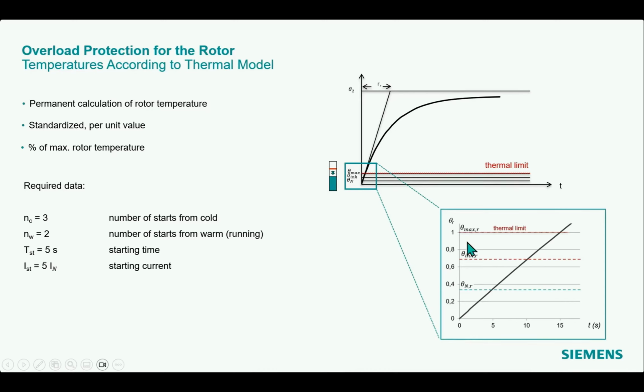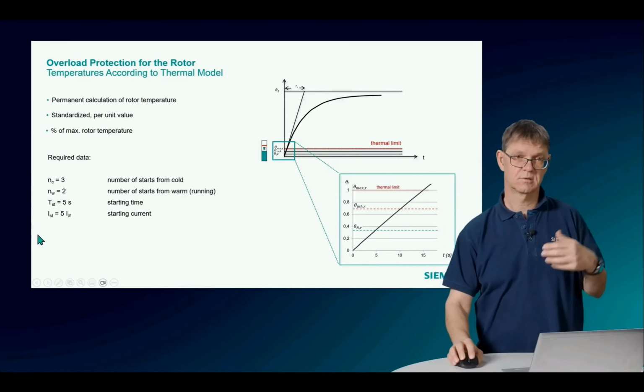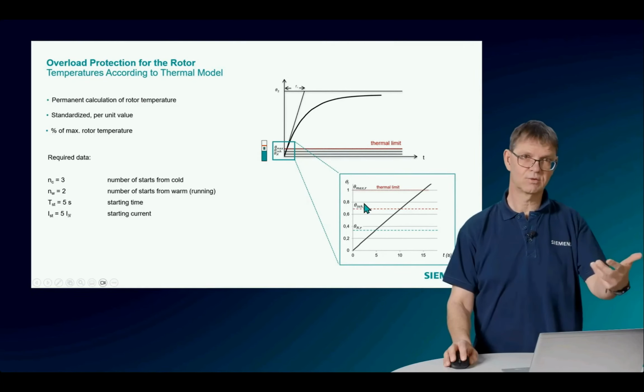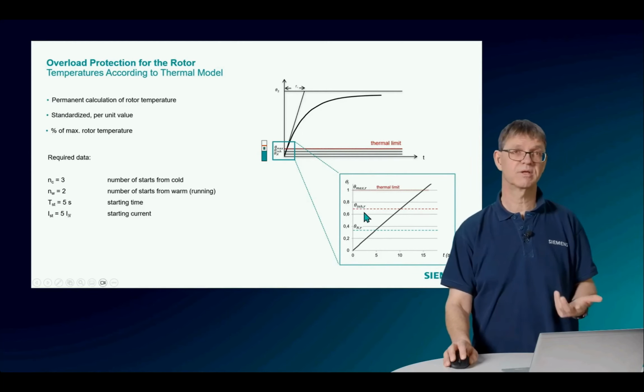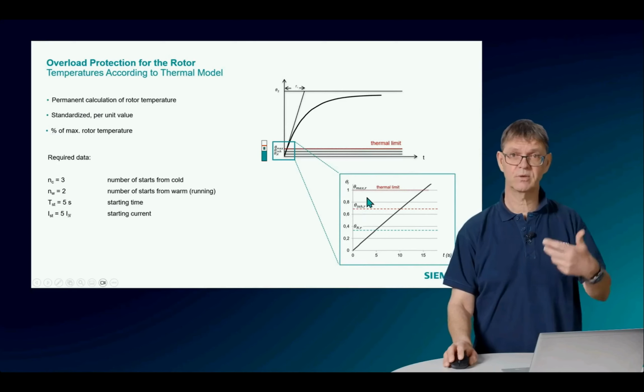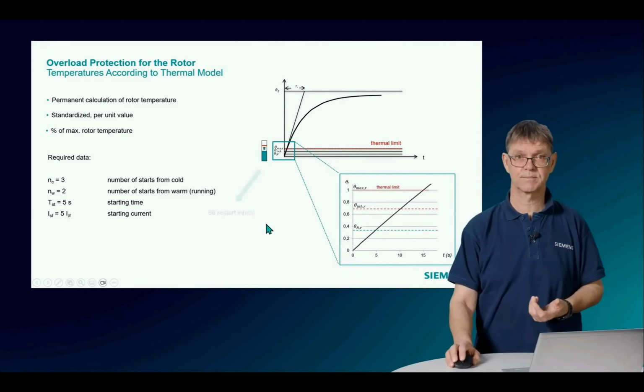And then we have a threshold, the inhibit stage, which characterizes the maximum temperature from which I can start one time more under these standard conditions to reach the maximum temperature. So if I'm above that value, I do not allow the restart. If I'm below that value, I will allow the restart again, because then I will not exceed the maximum temperature.